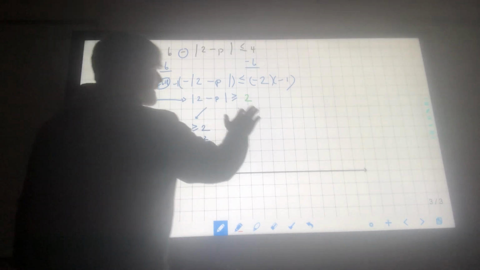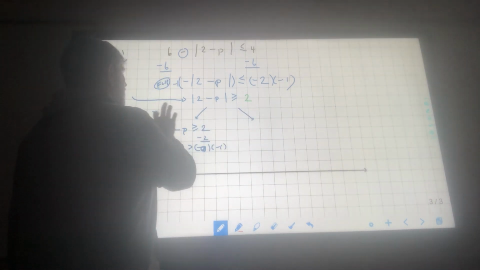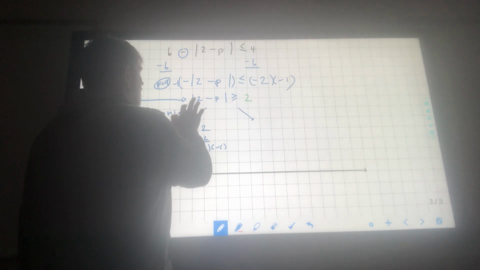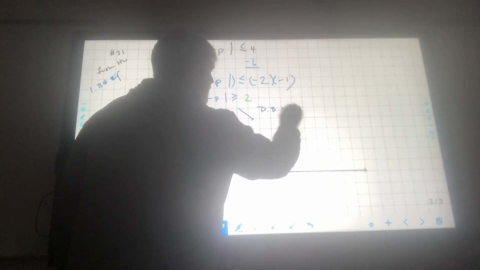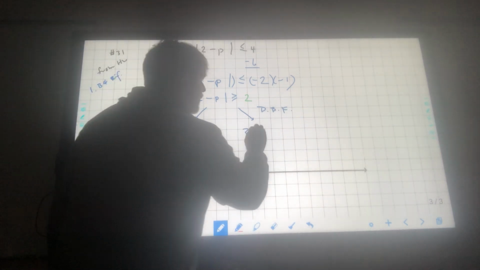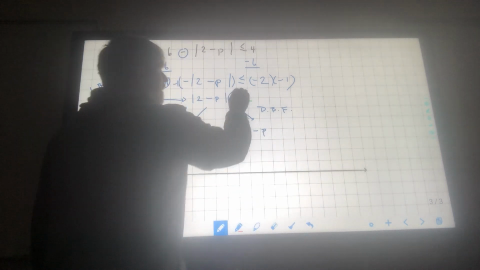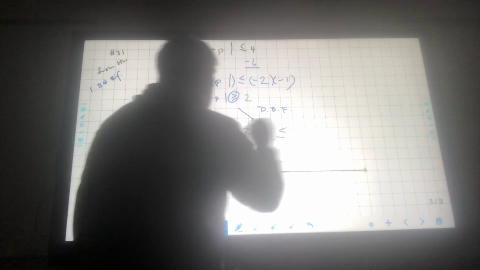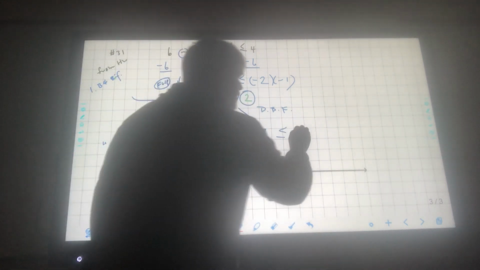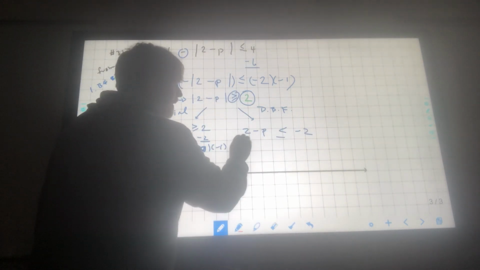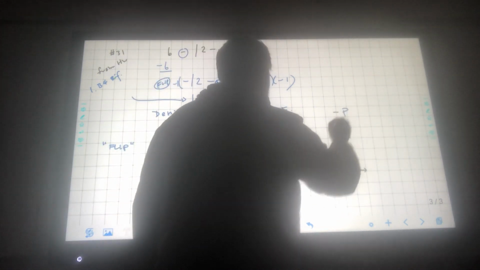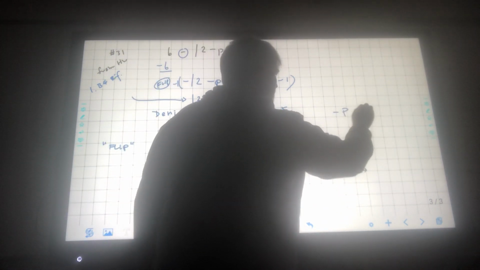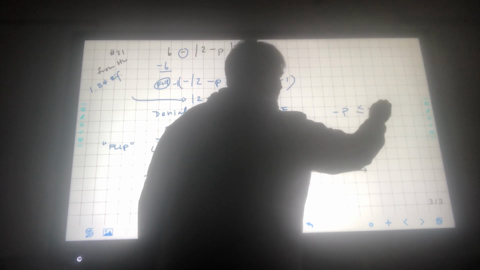All right, second time through. Double flip, baby. 2 minus p, flip number 1, is less than or equal to flip number 2, negative 2. Subtract 2 from both sides, and I get negative p is less than or equal to negative 4.